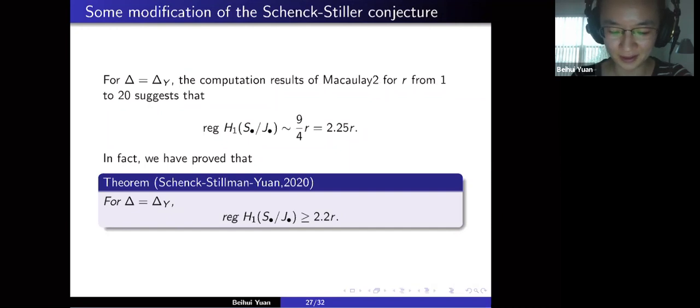It is not like 2r plus anything will work. It is just 9/4. And we have proved that the regularity of this guy is greater than or equal to 2.2r.